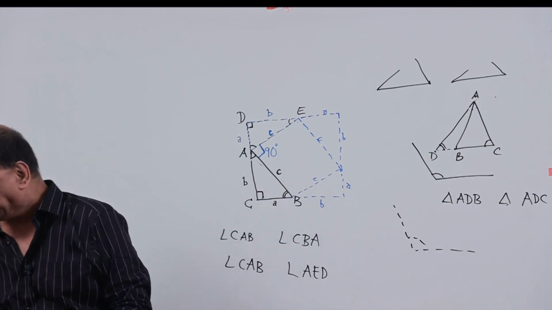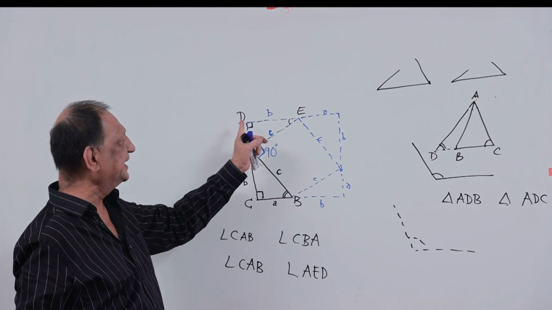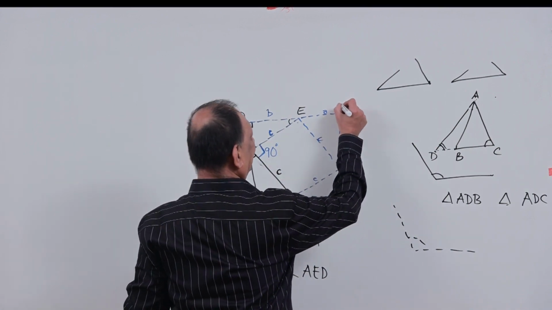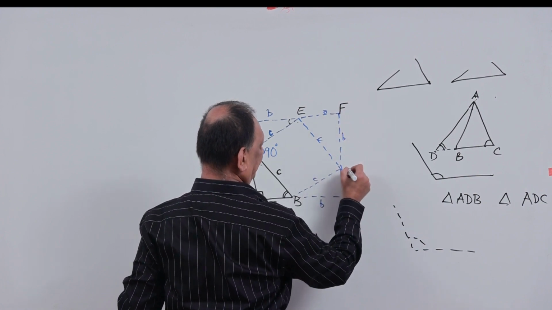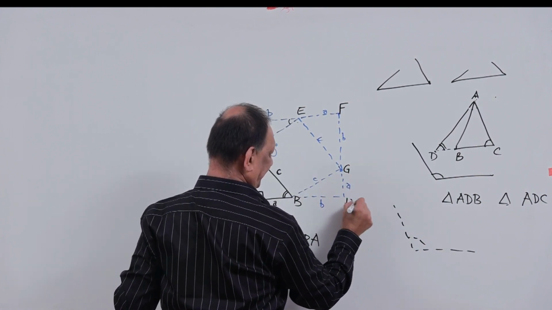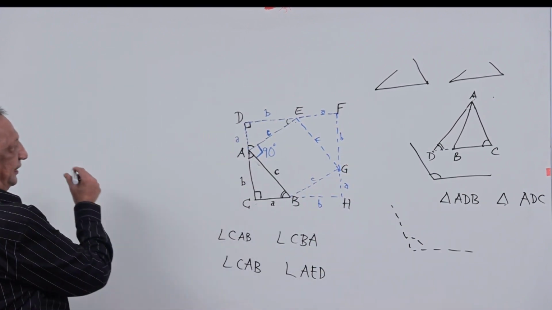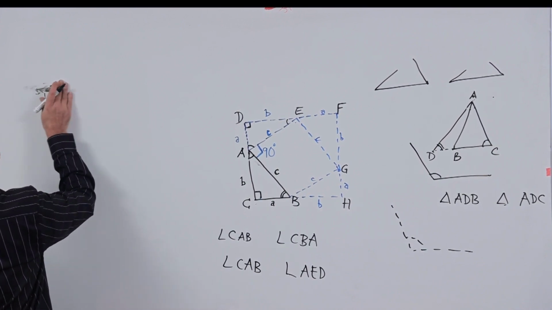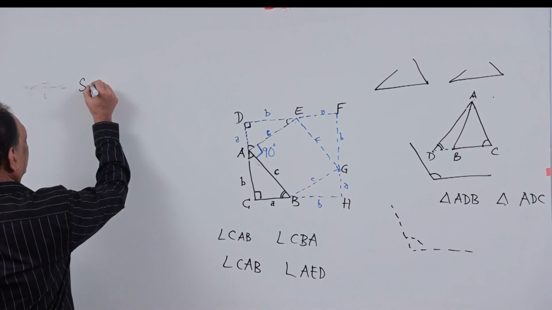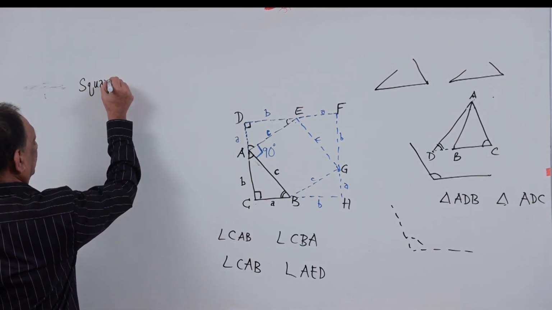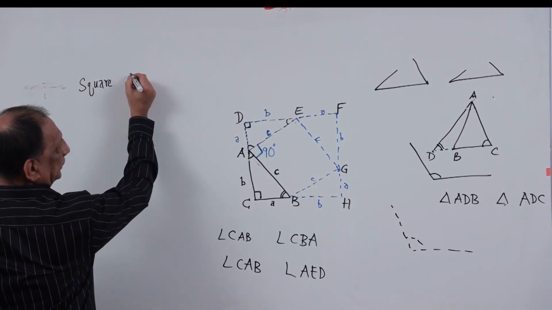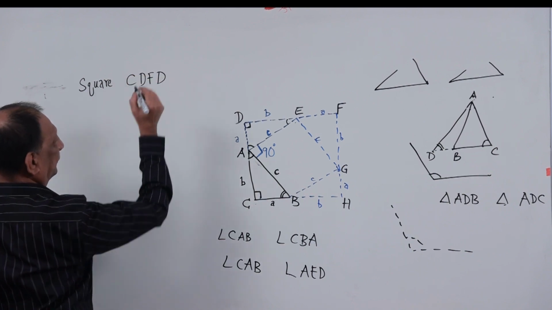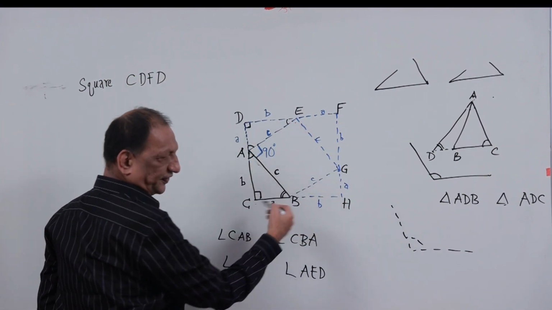Now how do I calculate the area of the big square? I can write a couple of names here: E, F, G and H. So we are looking at the square CDFH. I want to calculate the area of that.